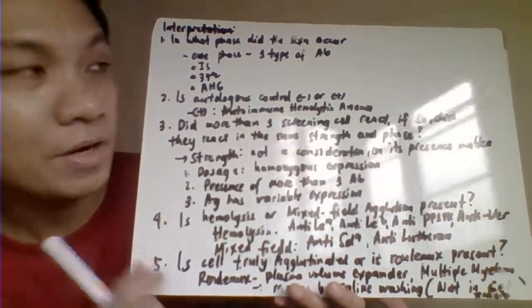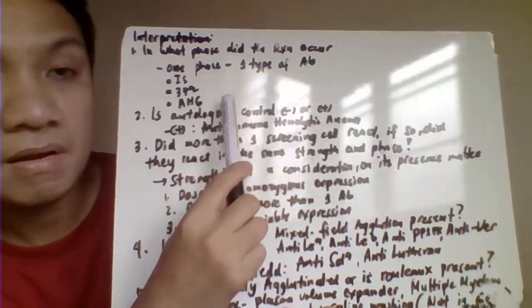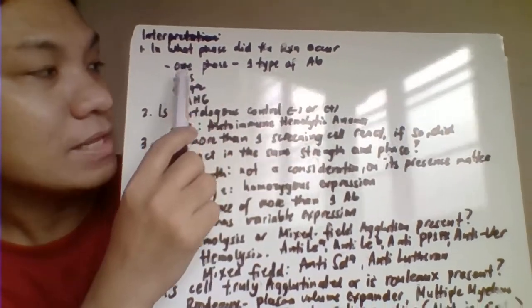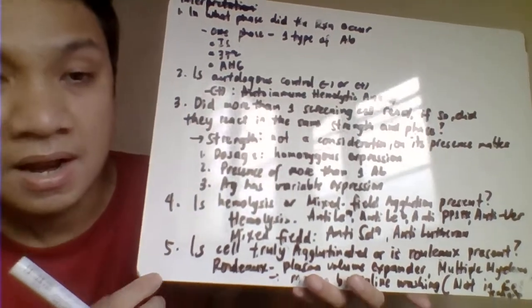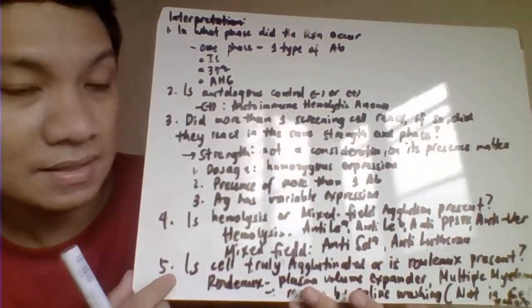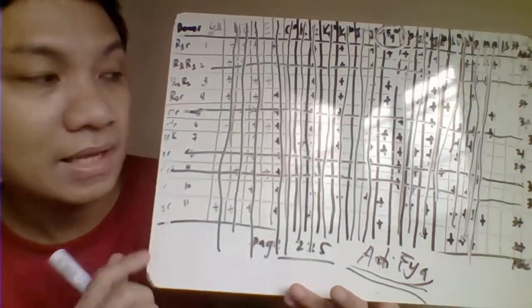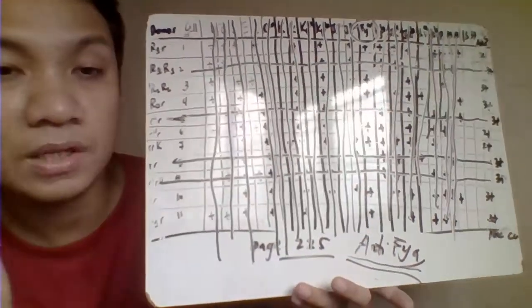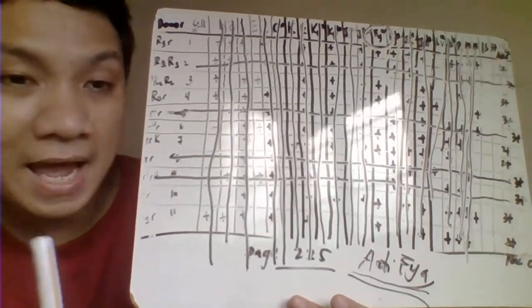Kung nag-positive ito in immediate spin, 37, the human globulin phase, so kung nag-positive siya dito, it will identify that your patient contains here an antibody reacting at different phases. But in our case, anti-human globulin lang siya reactive, so it will identify na antibody here will be present is only one type of antibody.